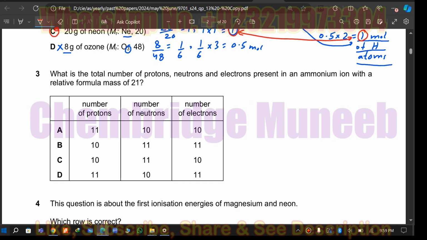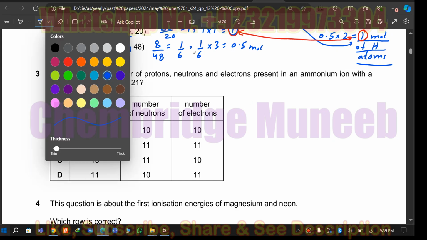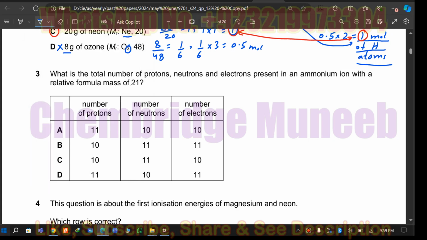The ammonium molecule has a mass of 21, its MR value or relative formula mass value is 21. Then we are given some of the values in the columns. Okay, this ammonium has the formula NH4+, and its mass number or formula mass is 21.